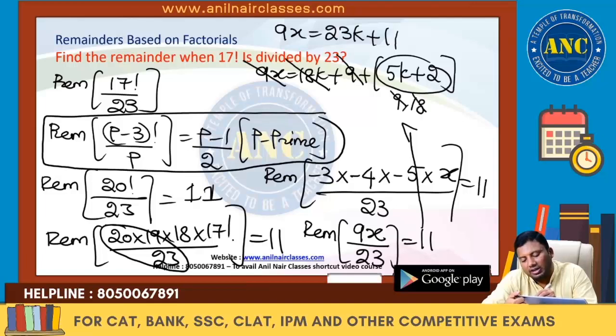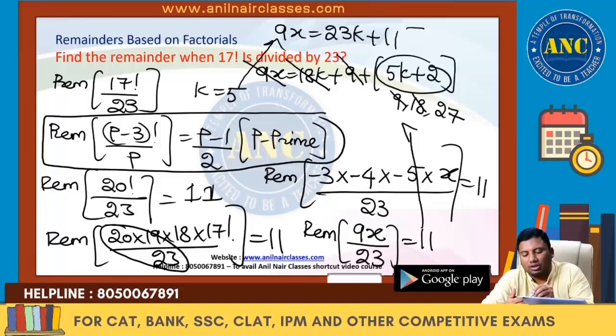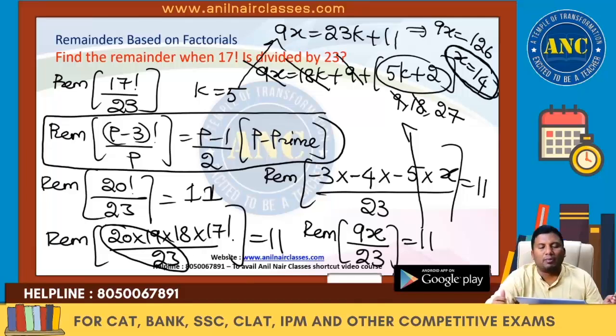It cannot be 18. It has to be 27. So k value is 5. Substitute there: 9x is 23 times 5, which is 115, plus 11, which is 126. So x value is nothing but 14.